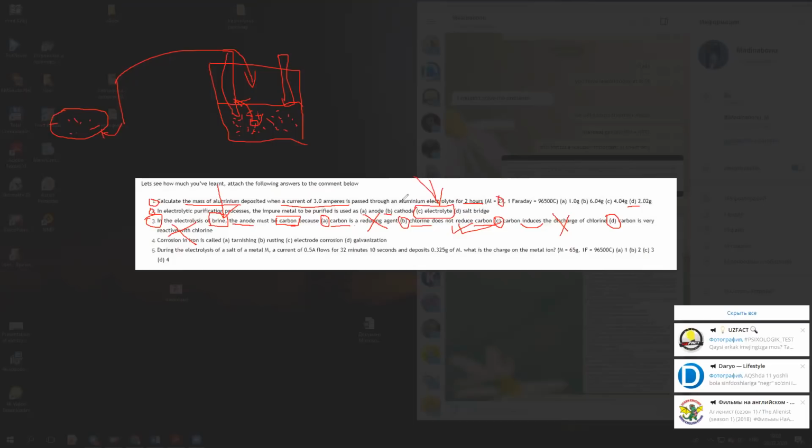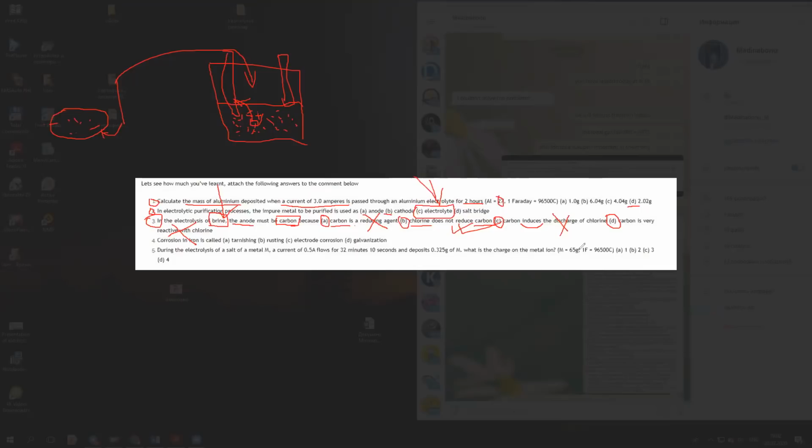What is the charge on the metal ion? It's so interesting. We're given the mass and the atomic mass of the metal. I like this problem because it's so interesting.